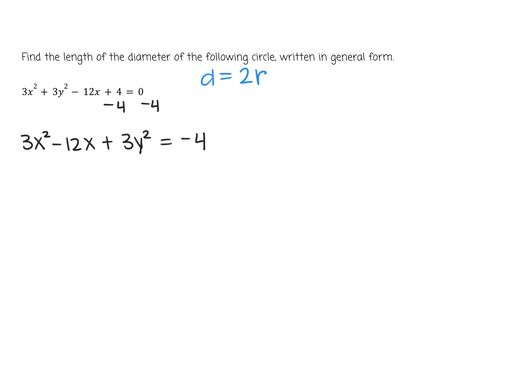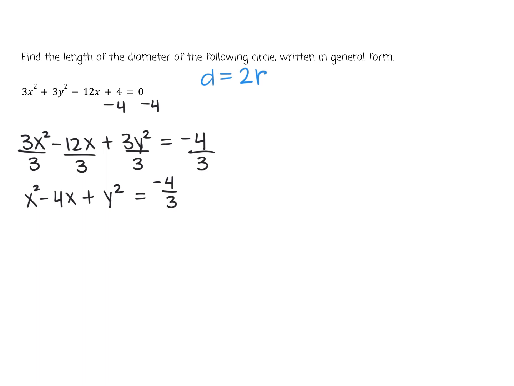And also, I have numbers in front of x squared and y squared. Now for a circle, the numbers in front of x squared and y squared have to be 1. So after I move that 4 over, I have to divide everything by 3. So that I have x squared minus 4x plus y squared equals -4 over 3.